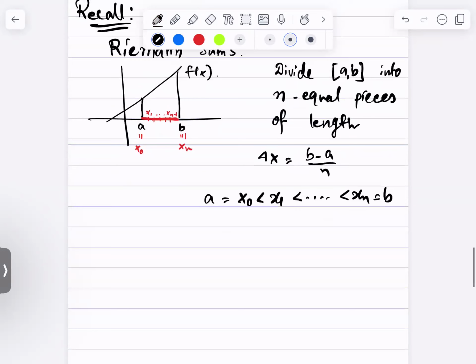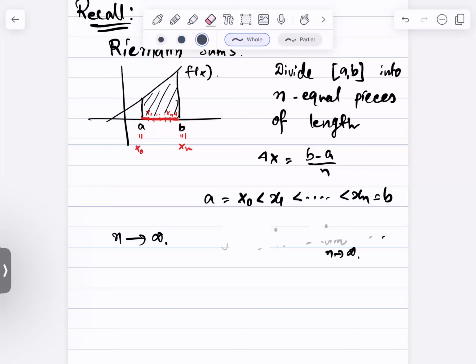And to approximate this area, what you did is you take n to be infinity, and by that you make the integration of f(x) dx more rigorous. So let's not go there.